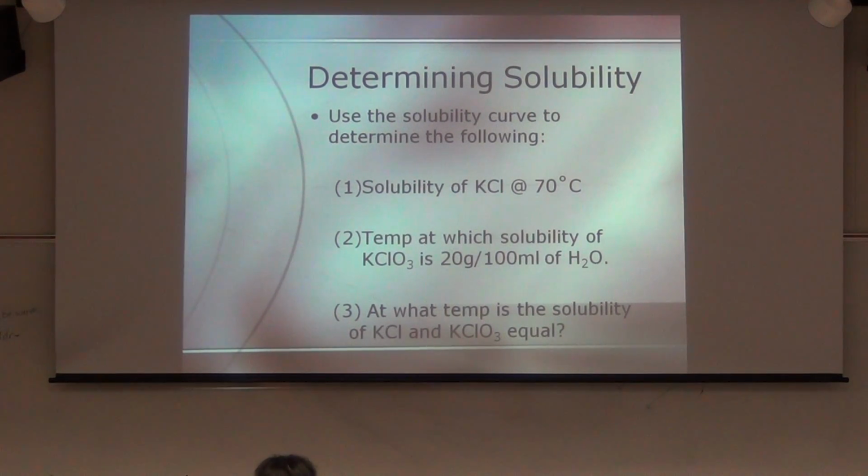Done? That gets old in a hurry, huh? All right, so Bailey, what do you got for the first one? Solubility of potassium chloride at 70 degrees. About 48. Perfect, about 48. That's what I got. Nice. M, what do you got for the temperature at which potassium chloride has a solubility of 20 grams per 100 mils?